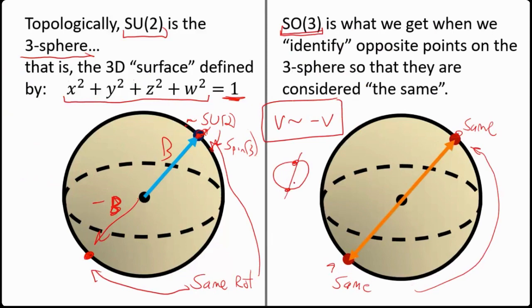In this case, it will be the same process, but in 4 dimensions, and therefore you will have half of a sphere. You can sort of think of it as half a sphere, where if you go to one side, you just magically teleport to the other side because opposite points are considered the same.